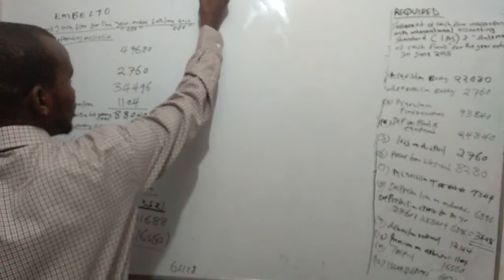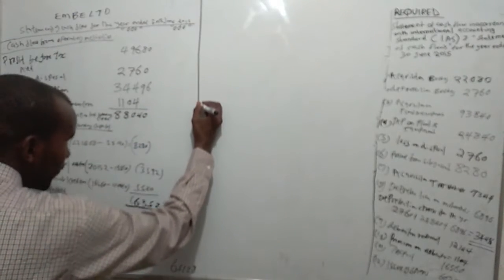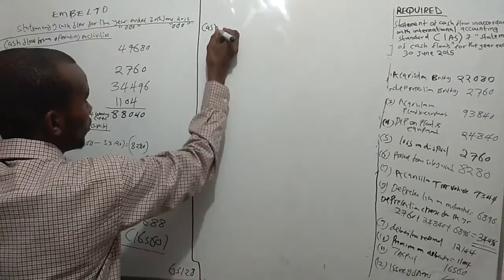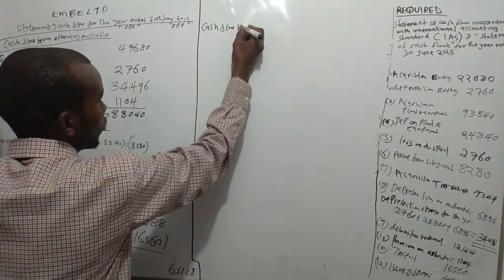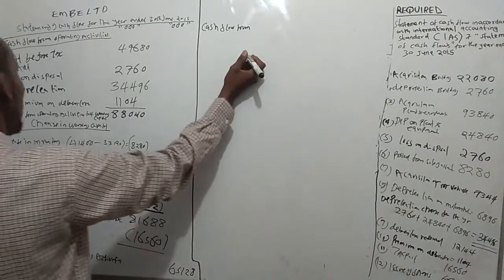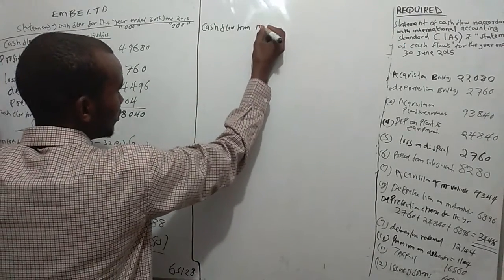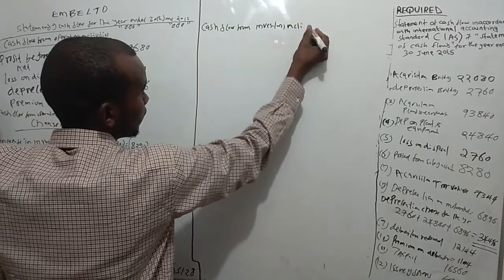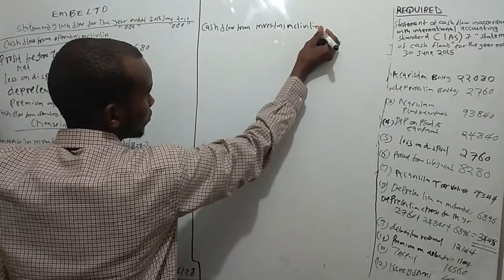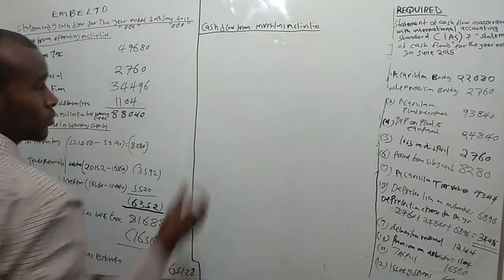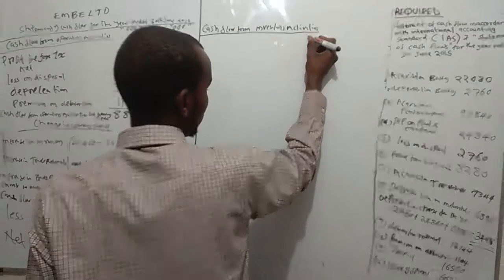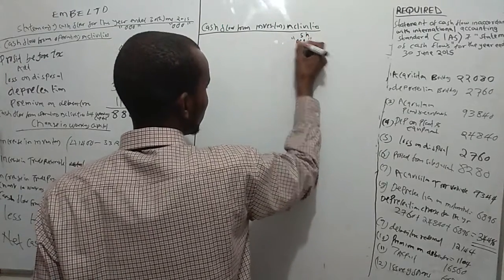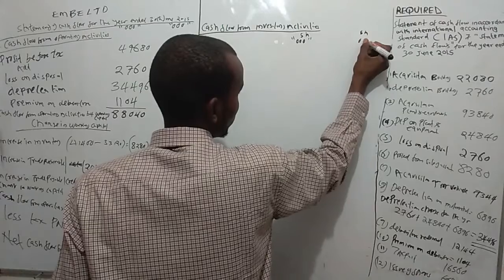Now we go for our next cash flow: cash flow from investing activities. Remember, we are having this side as shillings; the figures are in thousands.